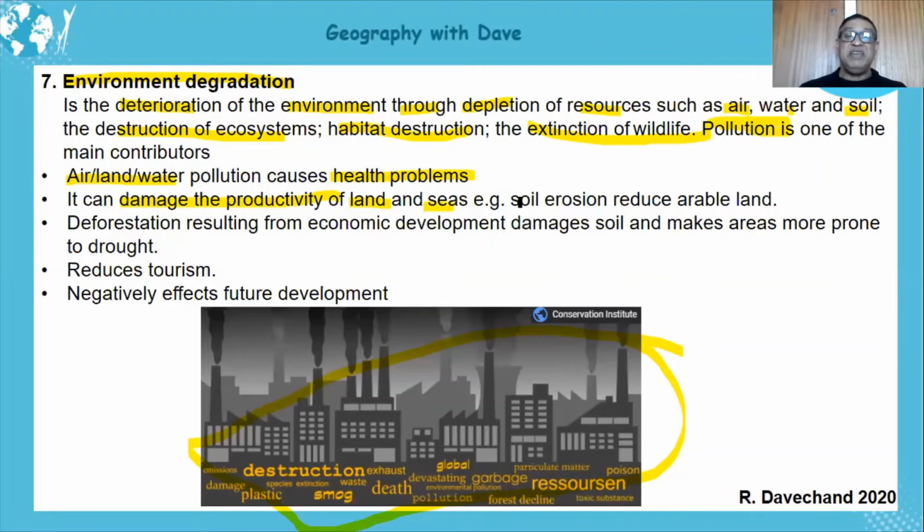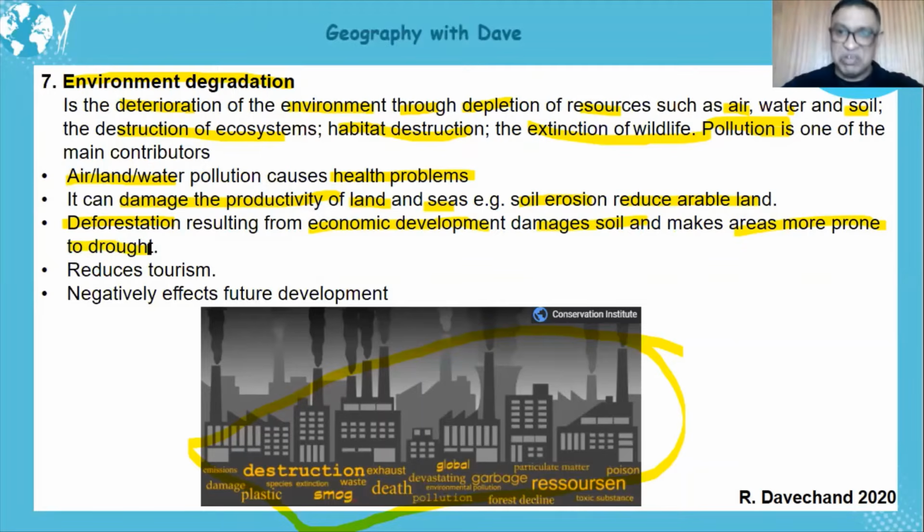All right. And even erosion, soil erosion can reduce arable land, which means land that can be farmed on, less land available that can be farmed on. You understand? Because erosion is eroding the fertile soil. Deforestation, so removing of trees, etc., resulting from economic development, damages the soil and makes areas more prone to drought.